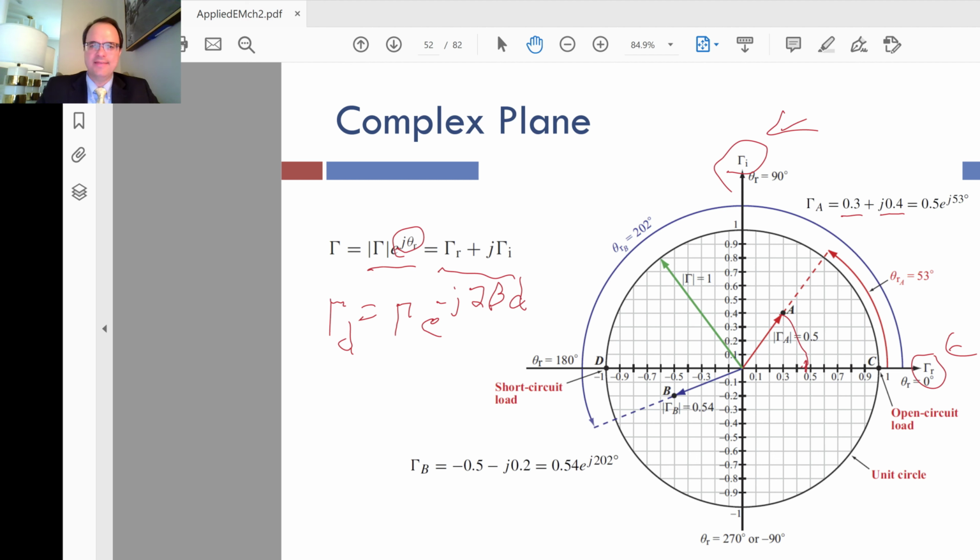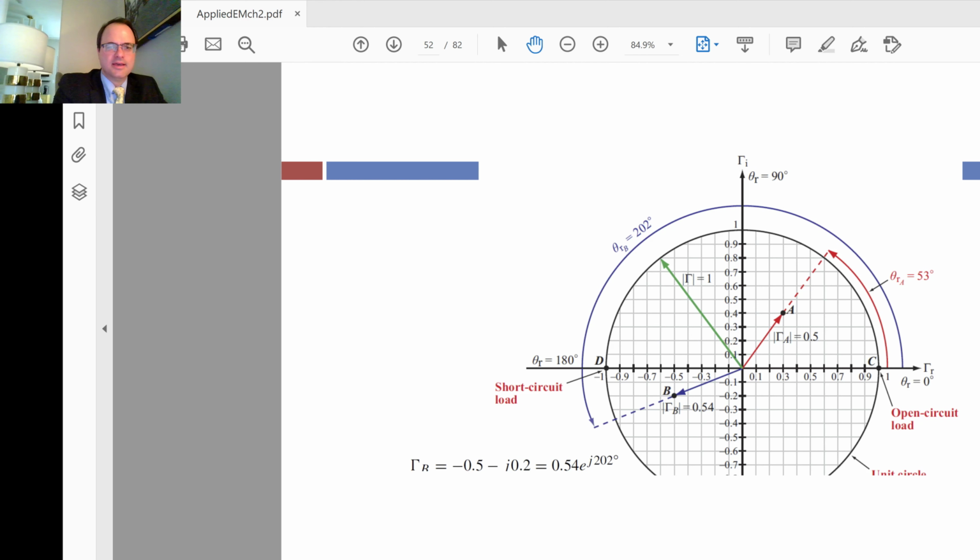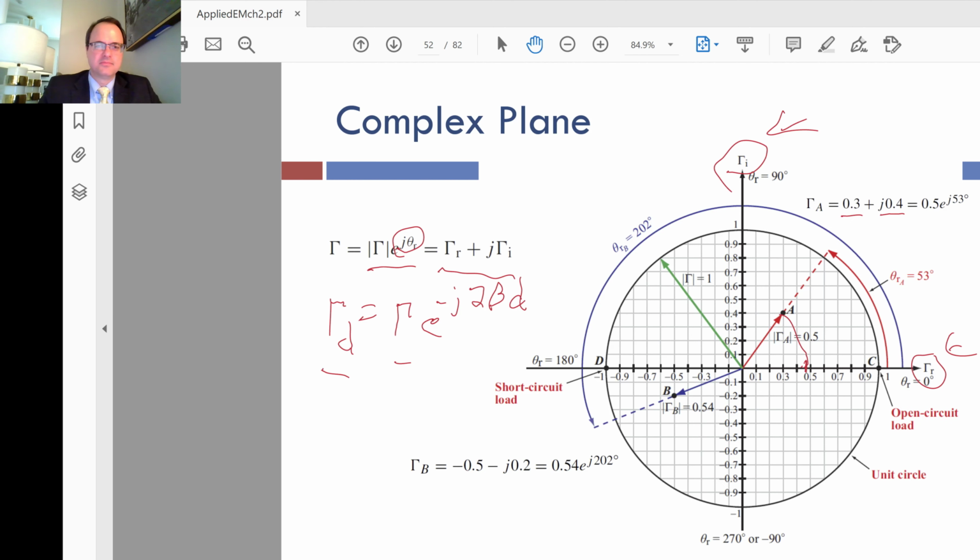It's 0 at the load, and therefore gamma d will be equal to gamma at the load, which makes sense. And gamma d changes from gamma as you go to greater and greater distances away from the load.